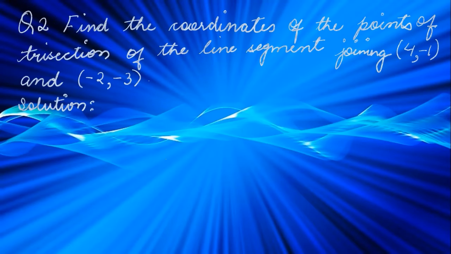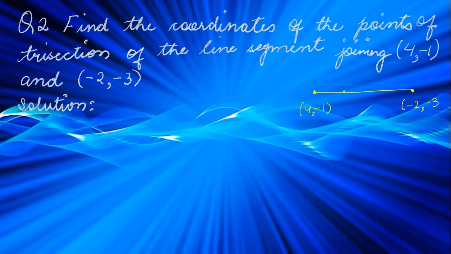Now the second question is: find the coordinates of the points of trisection of the line segment joining (4, -1) and (-2, -3). Now what they are saying, you are given a line segment (4, -1) and (-2, -3), and its trisection is done.